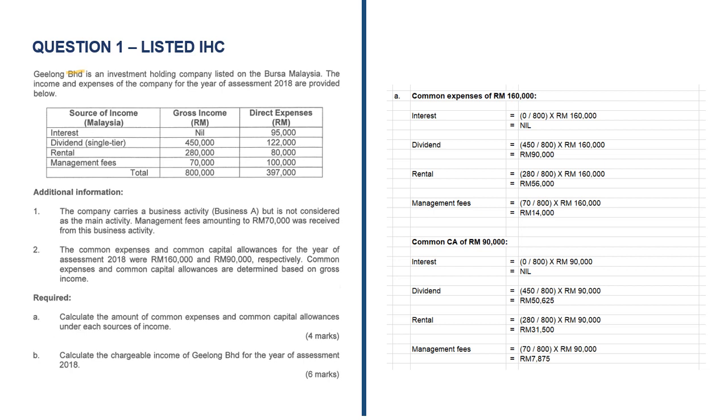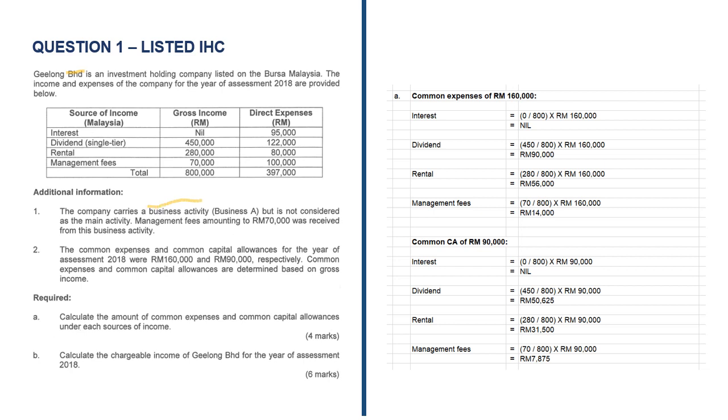Okay, alright. Next, dia bagi dekat kita income and expenses of the company. Dia ada interest, dia dapat juga income dalam bentuk dividend, rental and management fees. Here we have additional info. The company carries a business activity.